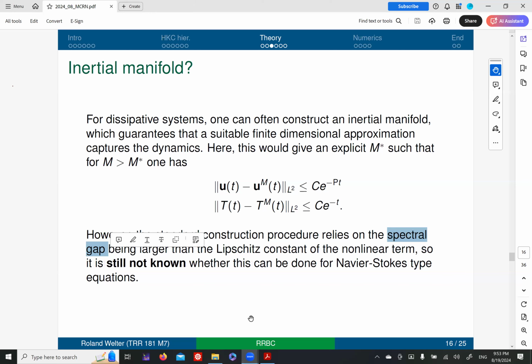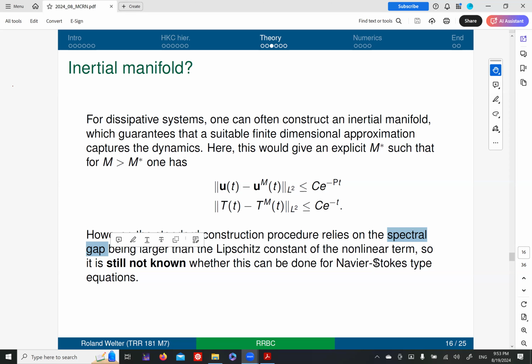And this needs to be larger than the Lipschitz constant of the nonlinear term. And if you can show that, then what's basically going on is the viscosity at that scale is so strong that the cascade of energy into that small scale is weak in comparison.